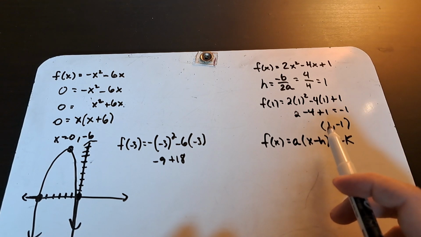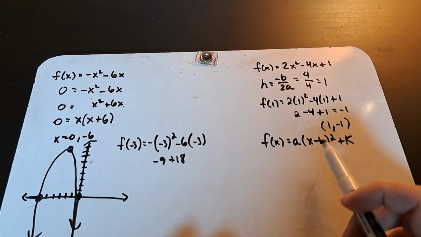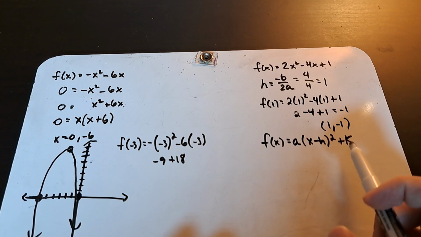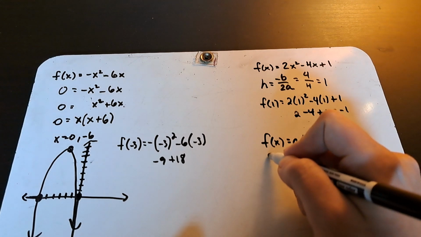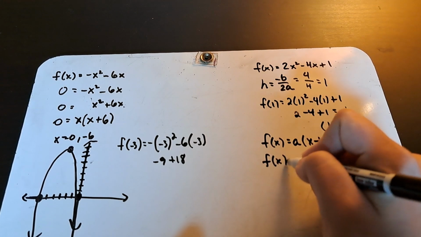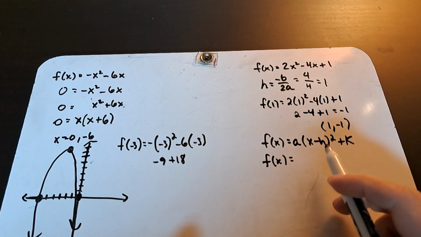Well, we know that the h value is 1 because that's the x-coordinate of my vertex. The k value is negative 1 because that's the y value of my vertex. So we can plug that in for h and k.